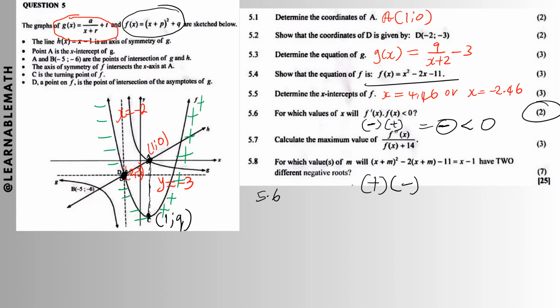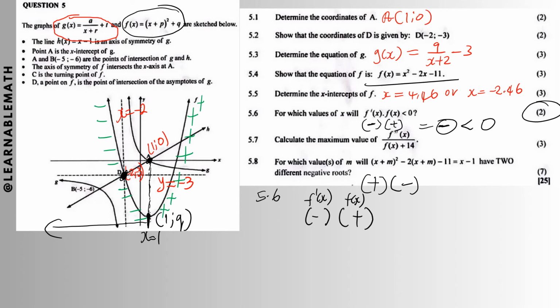Then you can go and check where the first thing we are checking is where one is negative and the other one is positive, f prime of x and f of x, right? So where f prime of x is negative, we can see it's from this turning point where x equals 1, going that side, where x is less than 1, it's negative.